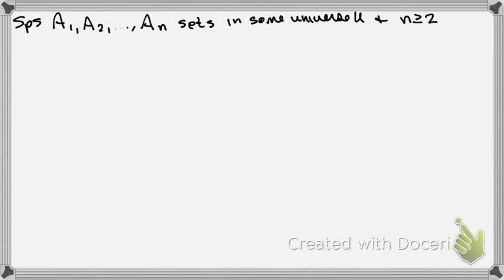So we have at least 2 sets. So we're going to show then that A1, is this union or intersection? Intersection. Okay.